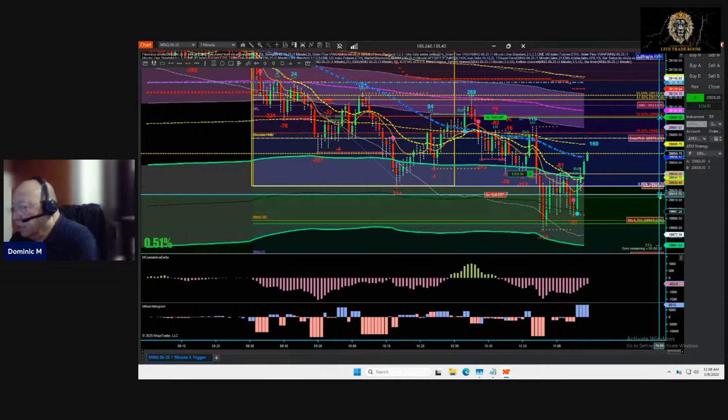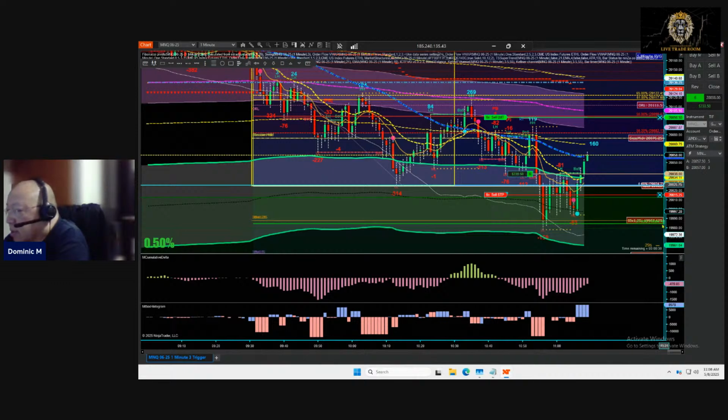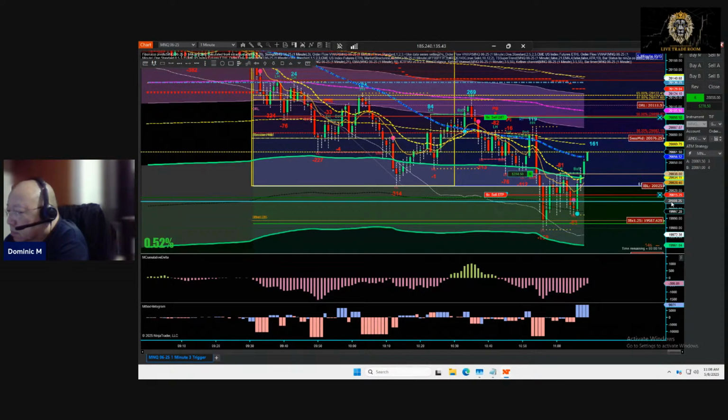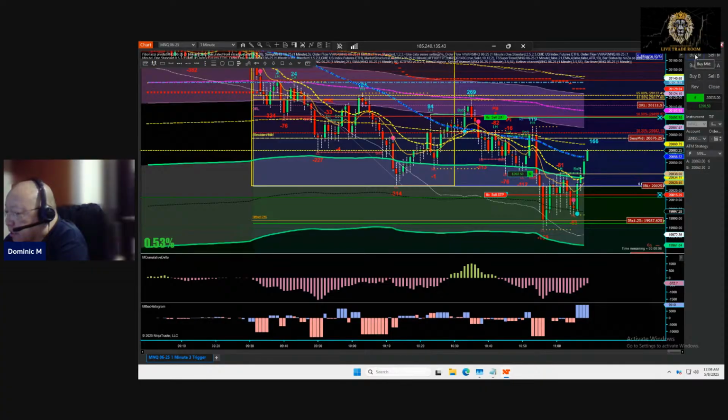Sure, now let's see if we close above the mid band. Got 30 seconds left. I'm going to scale in since it's going to close above that. 4, 3, 2, 1, 0.